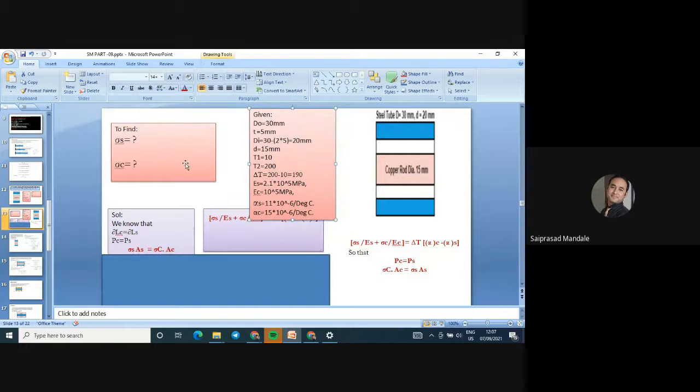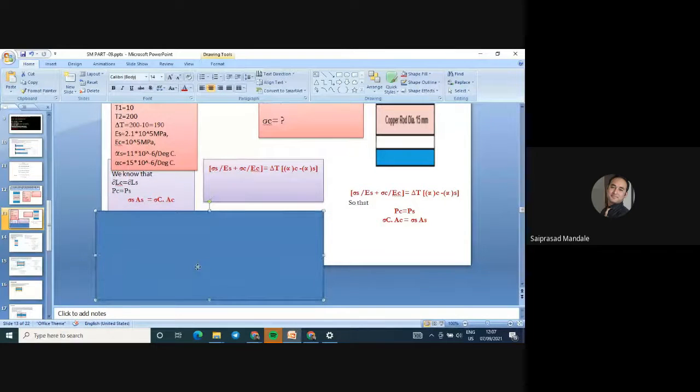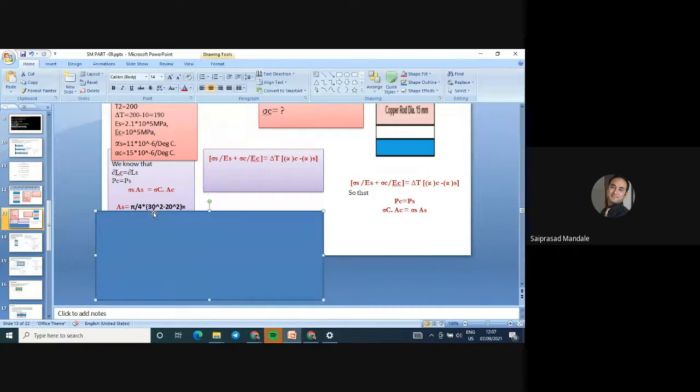Area of steel is equal to, as it is still a hollow tube, pi by 4 into dO square minus di square. Let us put the values: pi by 4 into dO square minus di square. Please go ahead and calculate the value of the area of steel.